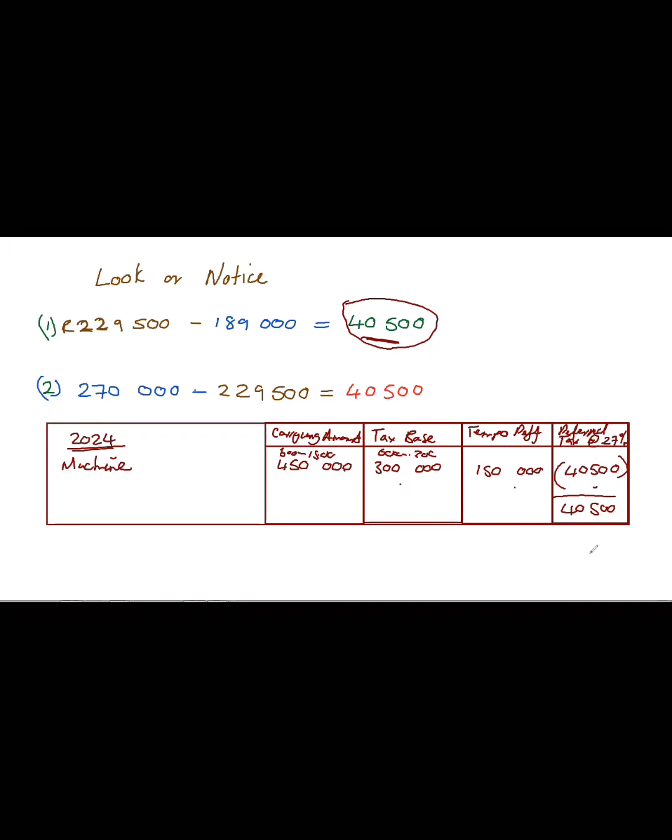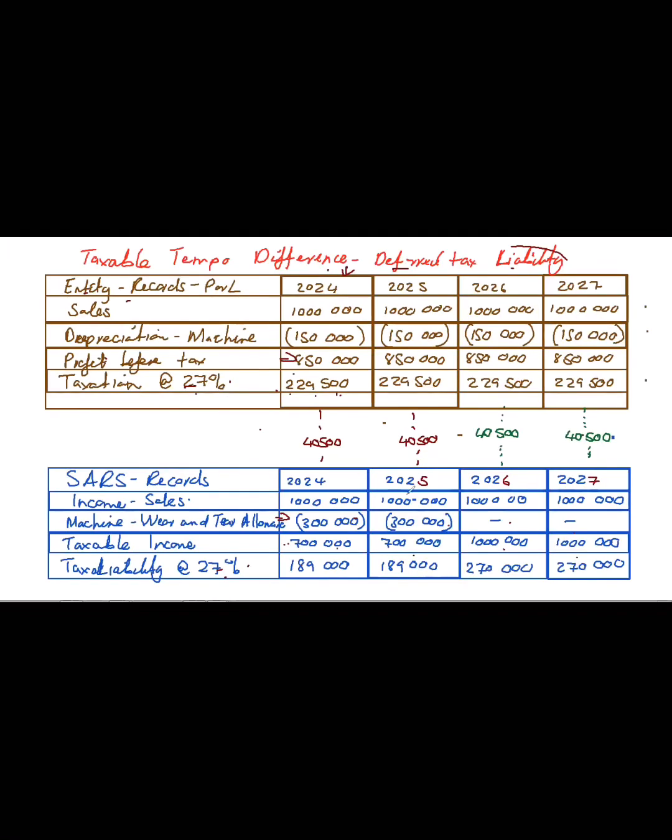So this is the tax portion. Why are they saying tax portion? Because this is the taxation amount. So if you say this minus that, you get that 4,500. So we have deferred, we have delayed a certain taxation payment over to SARS. So SARS lost out on tax temporarily in 2024. Same thing happened in 2025.